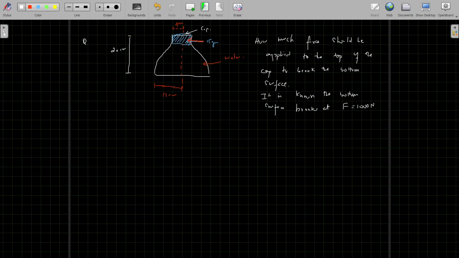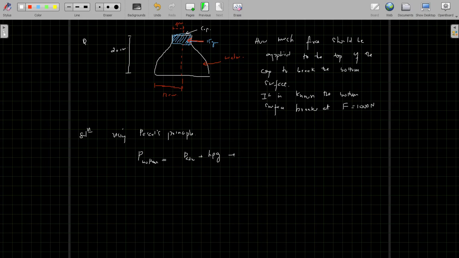So how do we do this? We'll be using Pascal's principle. We know pressure at the bottom would be pressure at the top, that is atmospheric pressure, plus H rho g, plus, you see the cap is fixed.